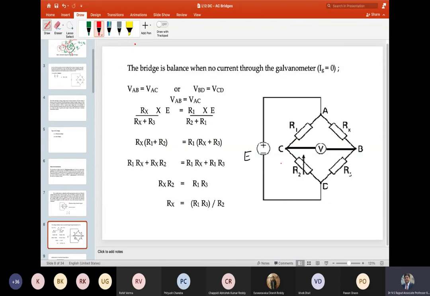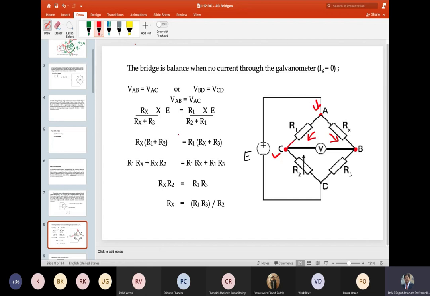Here you can see that it is the current which is getting divided. If they are the same ratios and if VC and VB are the same, that means the voltage drop across A to C and the voltage drop across A to B are equal. Okay, so how do I know how much is the voltage drop?